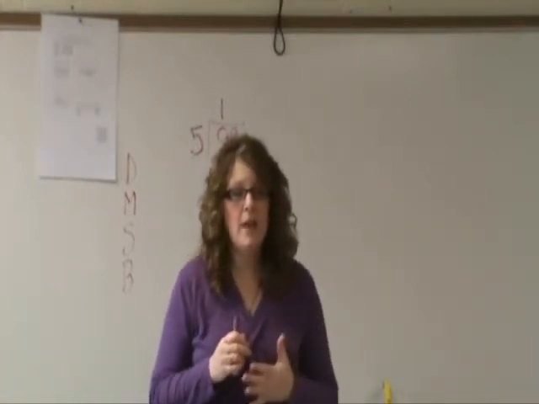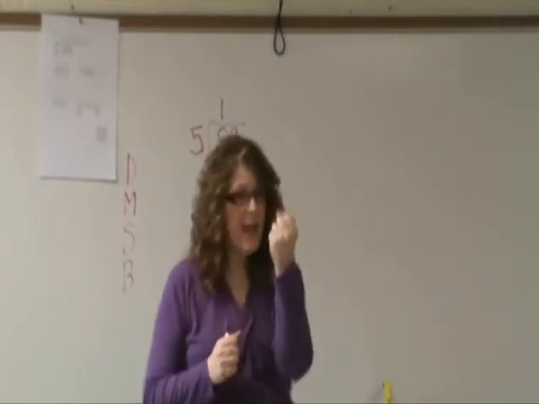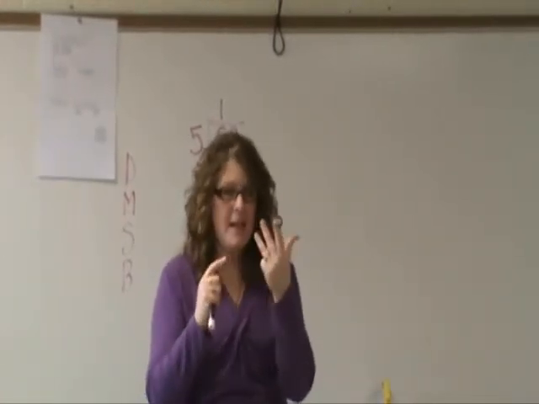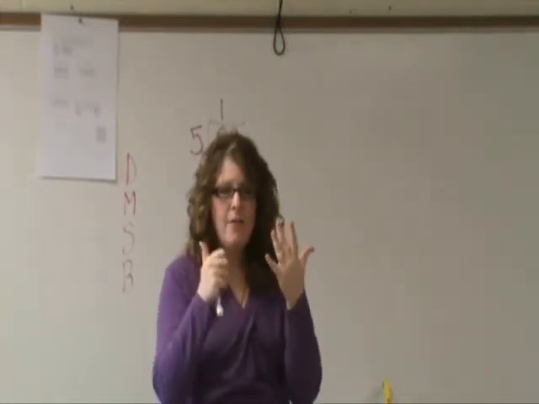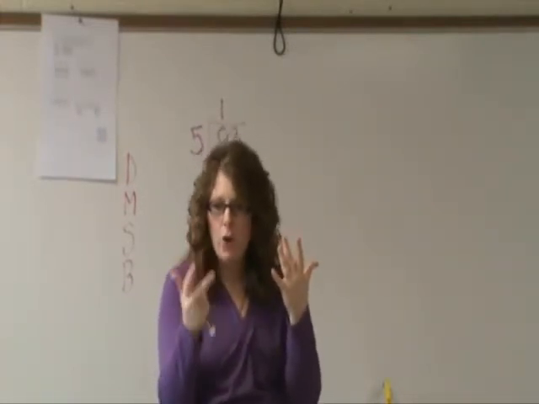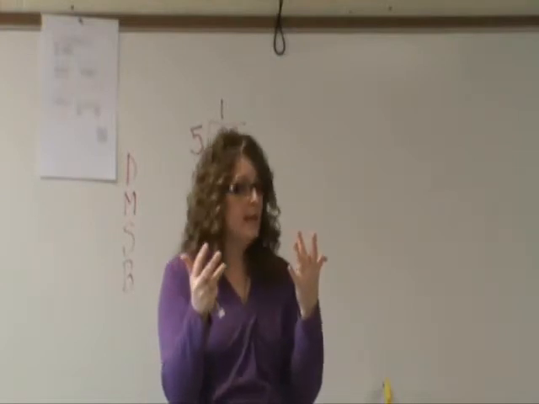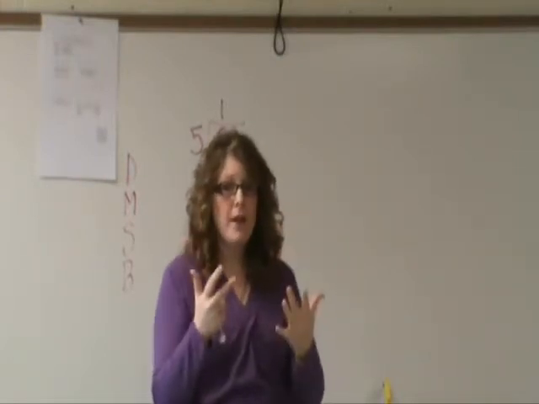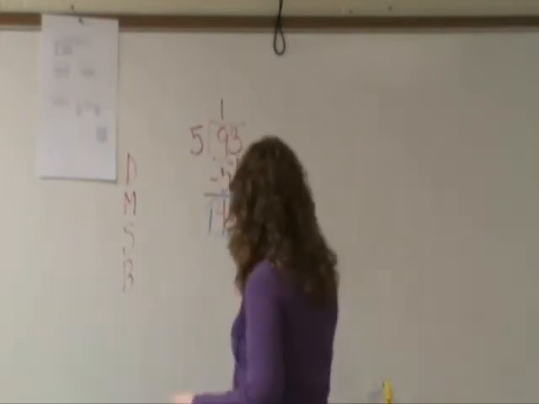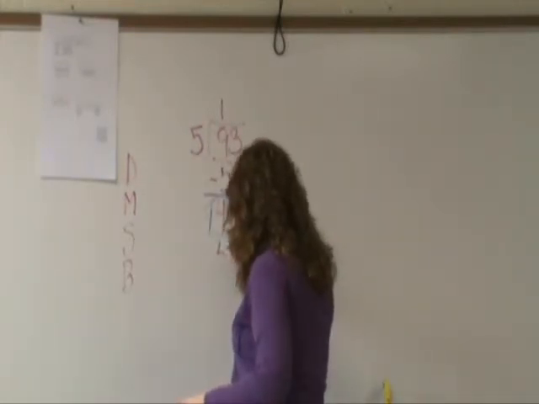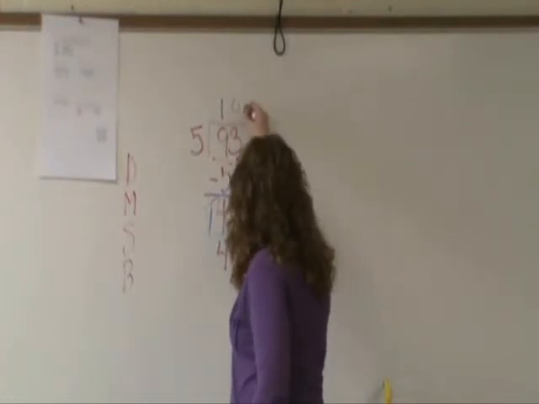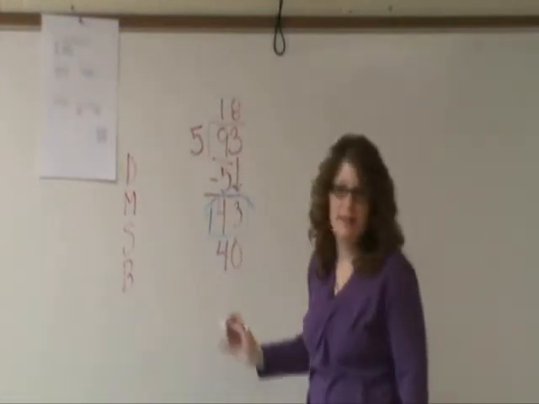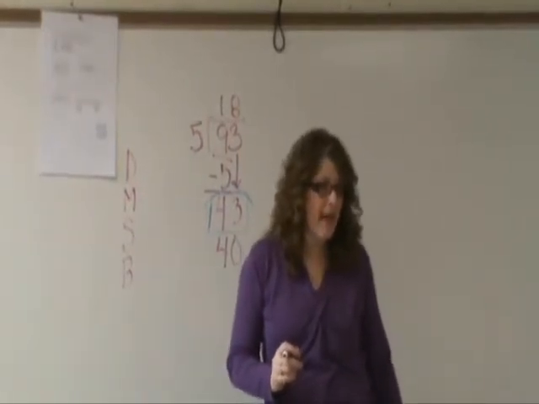So you could say to yourself, let's count by 5. 5, 10, 15, 20, 25, 30, 35, 40, 45. Can't say 45 because it goes over. We can only say 40, and that was 8 times. So I put my 8 at the top, and I put my 40 down here, because that's the number I landed on when I was counting by.